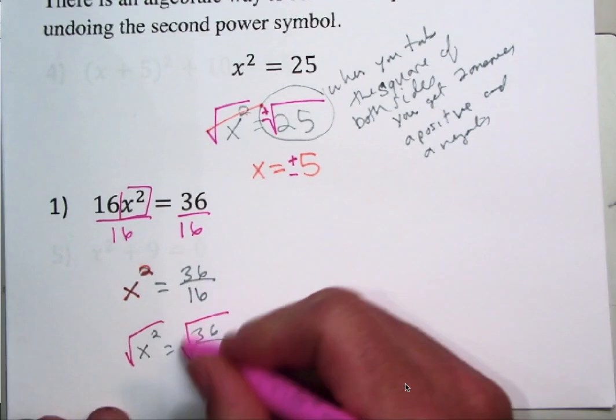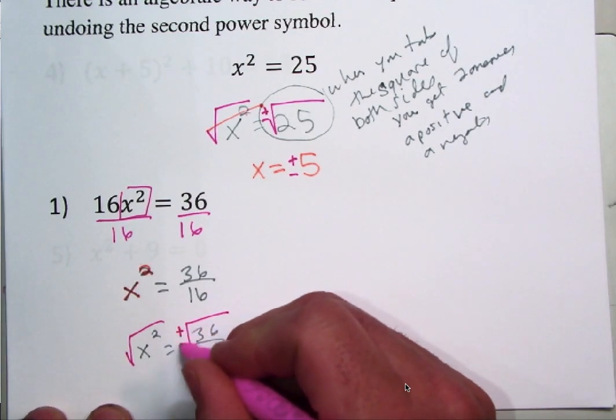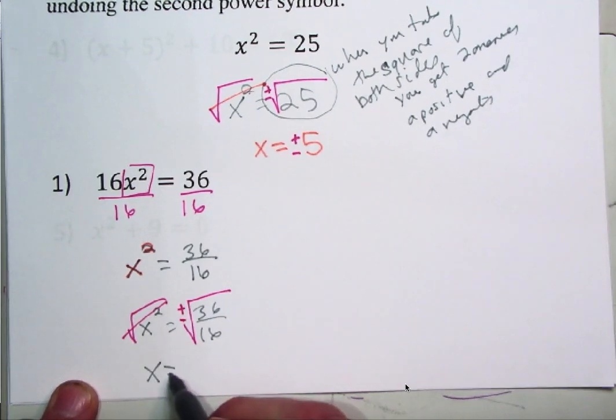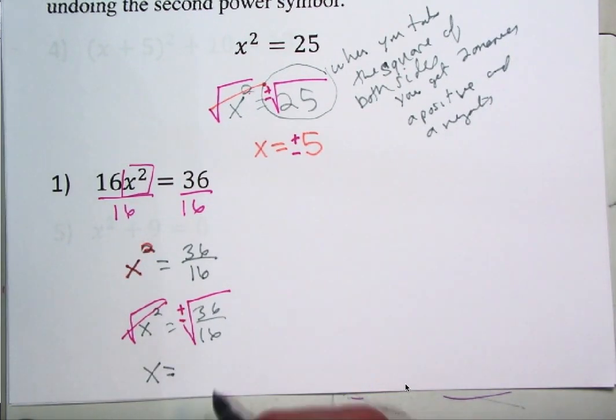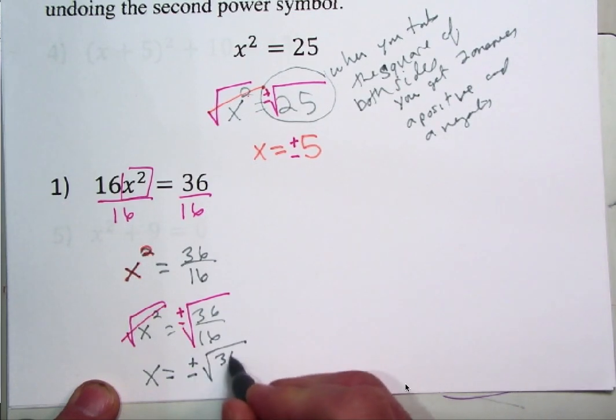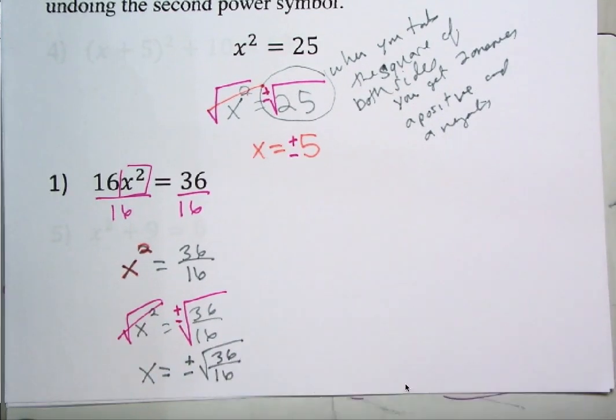But again, when you do it to these numbers, we have two answers here, both a positive and negative. So I like to put it in right away. The square root of x squared, they cancel each other out, so you're left with x. Then you have positive or negative square root of 36 over 16. And that's it.